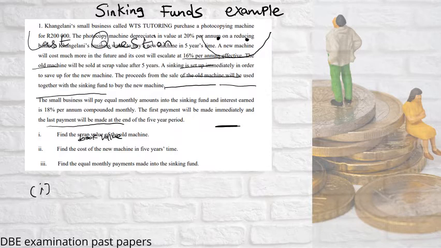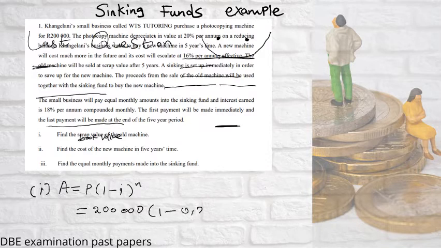So we know that it has depreciated using the reducing balance method. Our A is going to be P into (1 minus i) exponent n, because it's depreciating compound, because it's a reducing balance method. So we want to see how much the 200,000 has been reduced to, depreciated by 20%, which is 0.2, after 5 years.